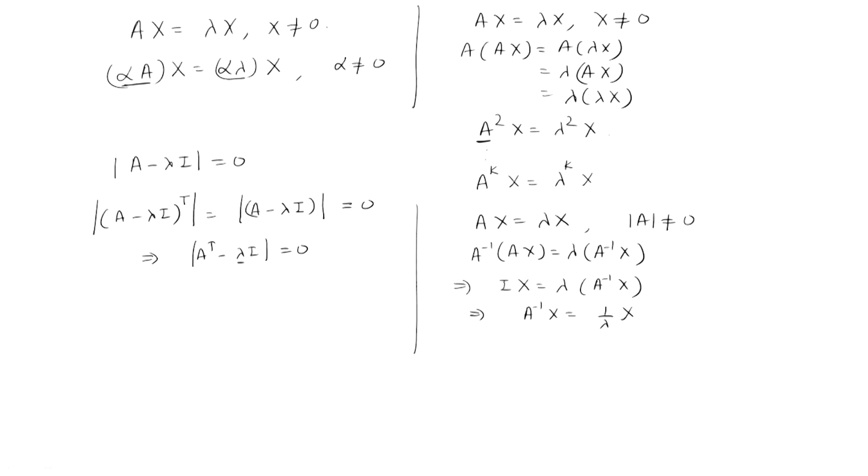So, we can say that if A has an eigenvalue lambda and the corresponding eigenvector is x, then A inverse has an eigenvalue 1 by lambda and the corresponding eigenvector is x. So, these are a few of the properties of eigenvalues stated here.